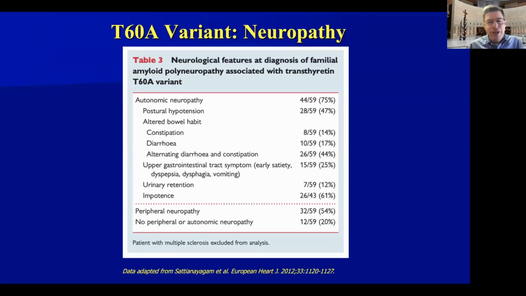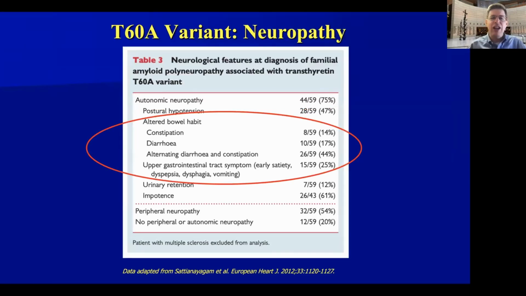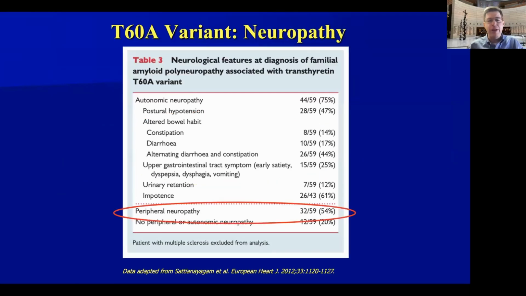When it came to neuropathy, again, most patients have it with this, and it's a lot of autonomic dysfunction. And in particular, it's a lot of GI autonomic dysfunction. So lots of constipation, diarrhea, associated with this disease. Some of it is from direct GI infiltration, and some of it is from a neuropathy. If you look at the classic peripheral neuropathy, it's in about half the patients.